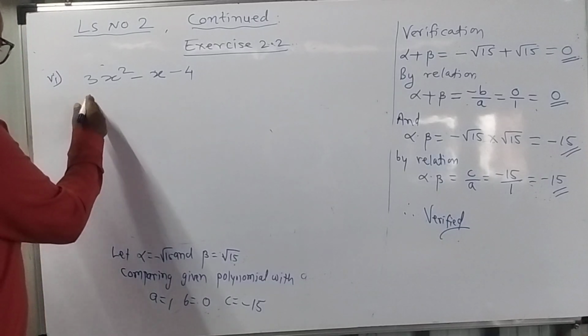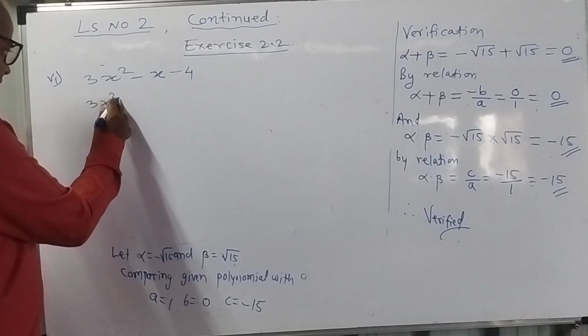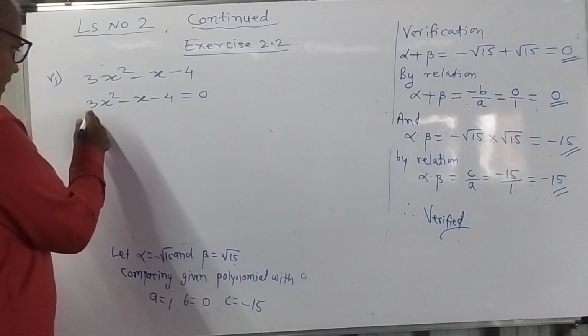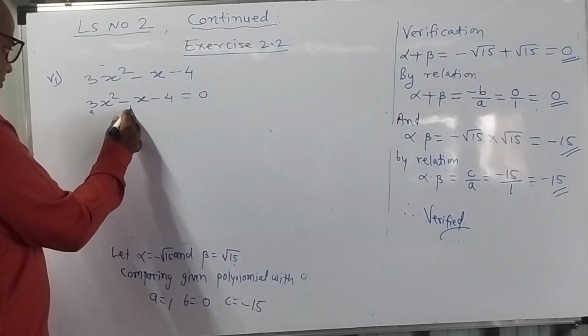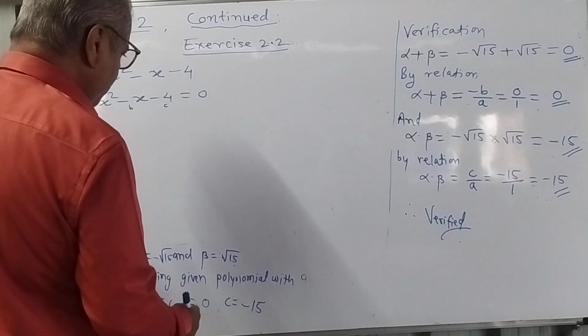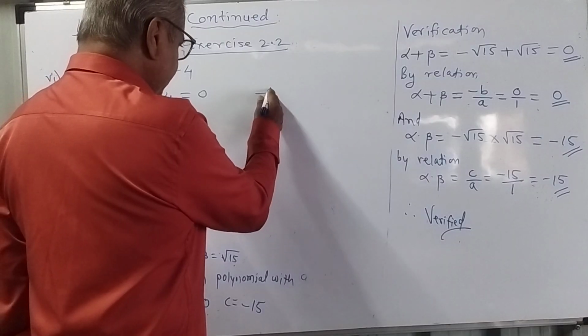First equate it with 0. 3x square minus x minus 4 is equals to 0. A is 3, B is minus 1 and C is minus 4. So minus 4 into 3 is minus 12.